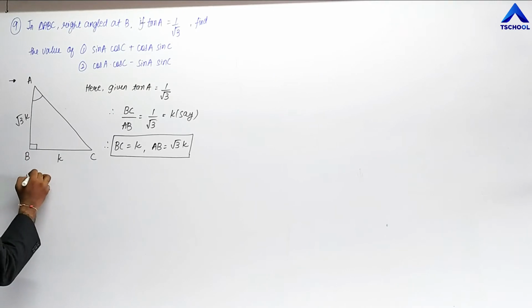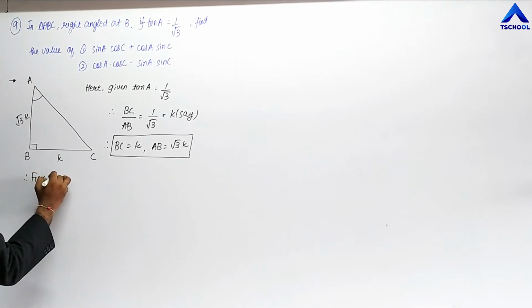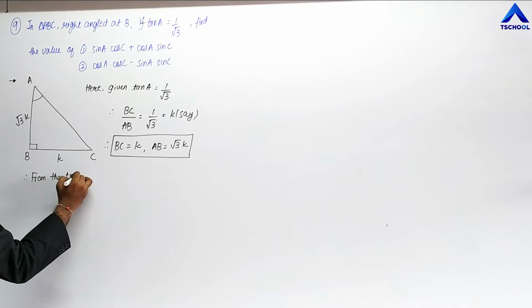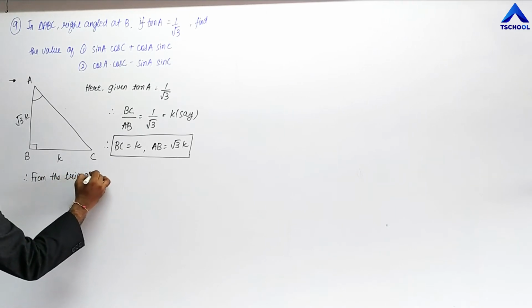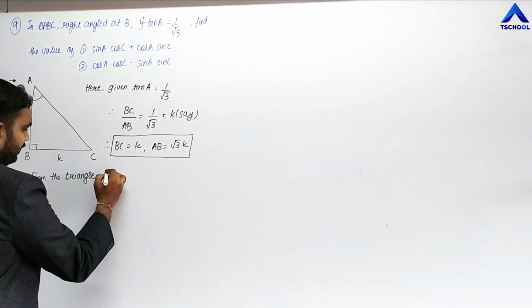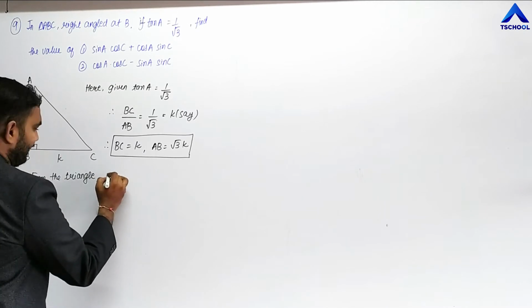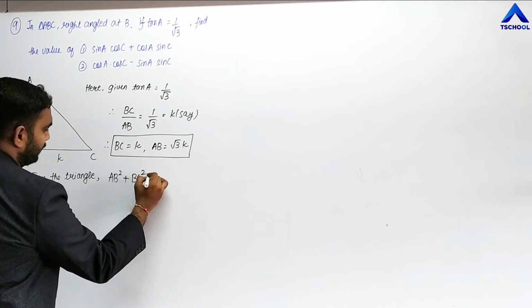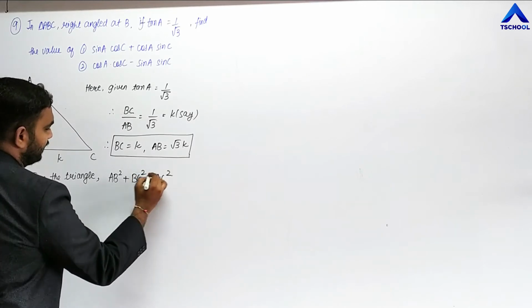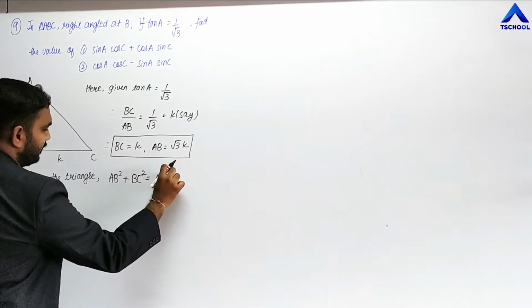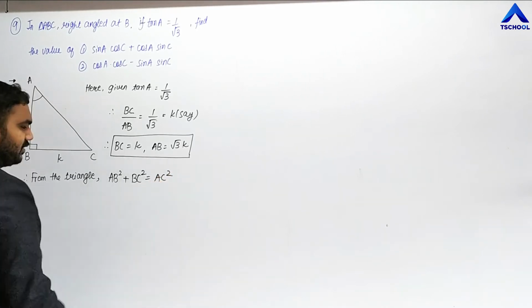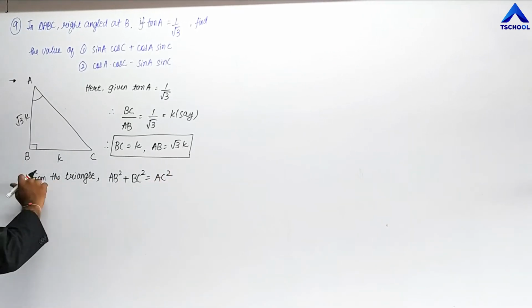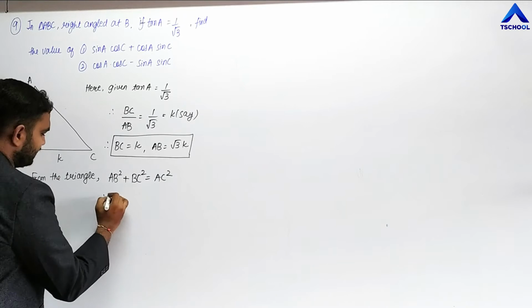Therefore, from the triangle, what we can write down is AB square plus BC square is equal to AC square.